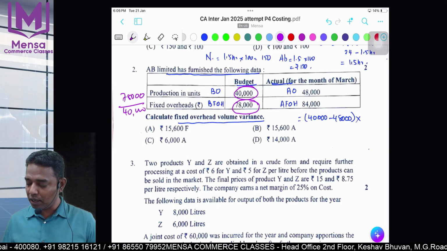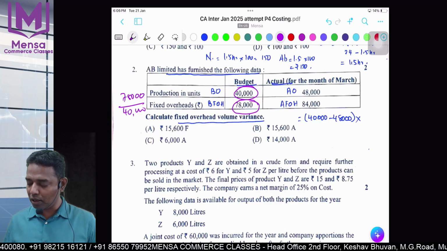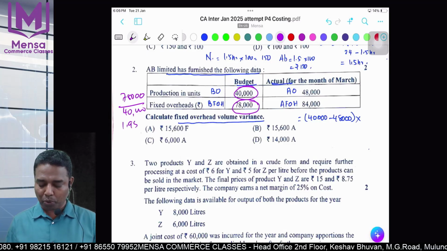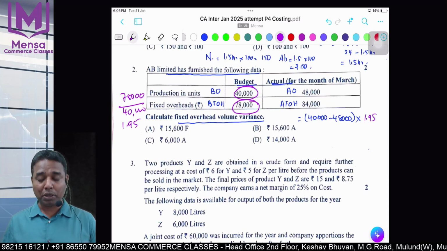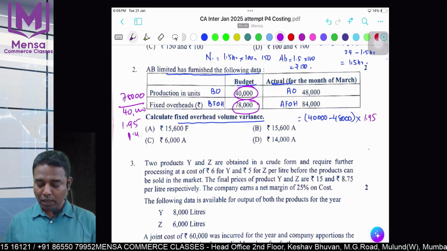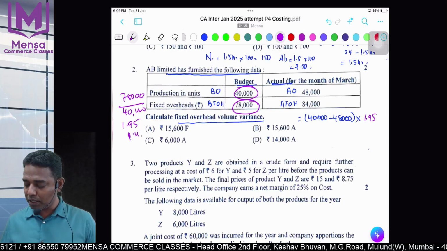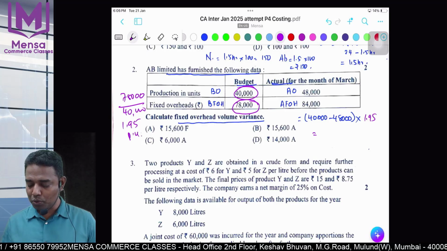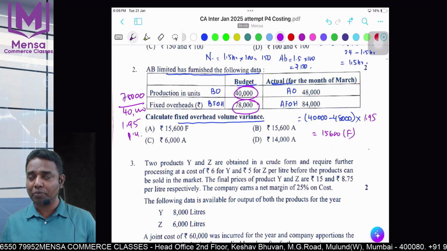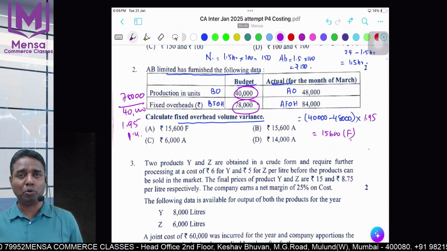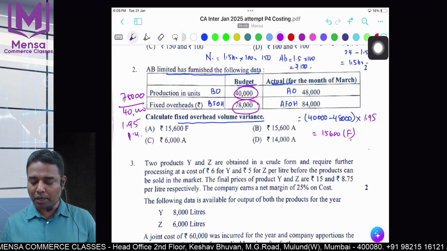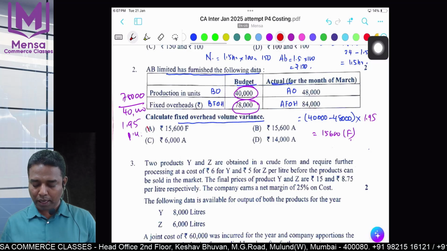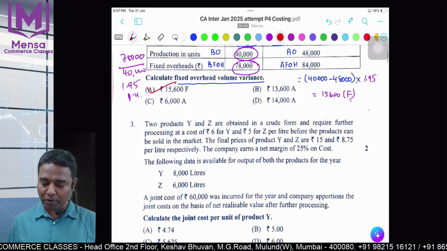That comes to 1.95 rupees per unit. So 8,000 into 1.95 comes to 15,600 favorable. Why favorable? Because the actual output is more than the budgeted. So the correct option should be option number A, 15,600 favorable.